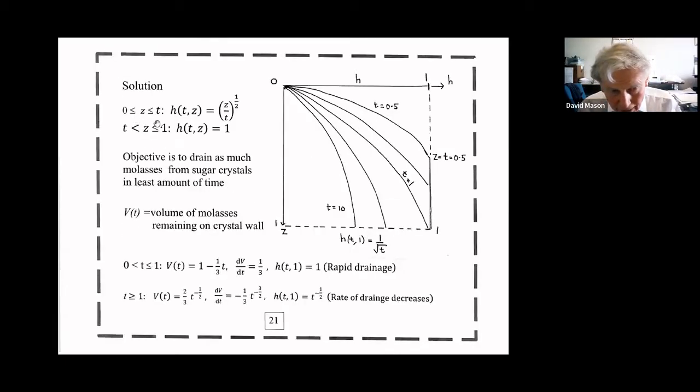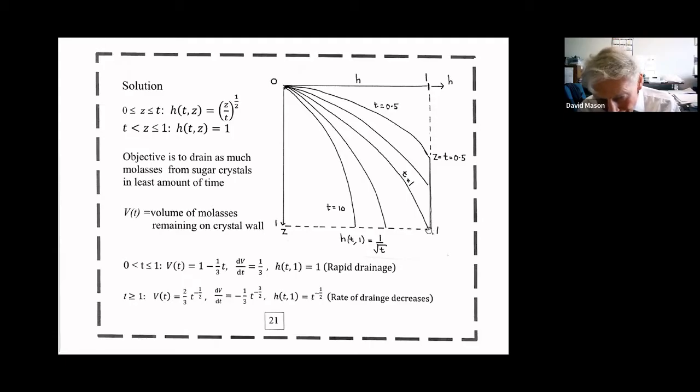The solution consists of 2 parts. For z less than t, we get that, and for z greater than t, we get that. You can see why you get 2 parts. As it starts draining, it's going to reach the surface. That's one part of the solution, and this is the second part. Then it drains a bit more, and eventually this solution is going to reach the end point here.